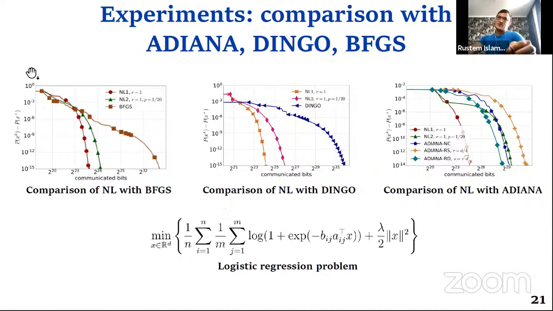So this is in some sense a toy example, because the parameter d here is about 100 to 300. The number of nodes is about 100 also, and the number of data points in a local data set is about 1,000.